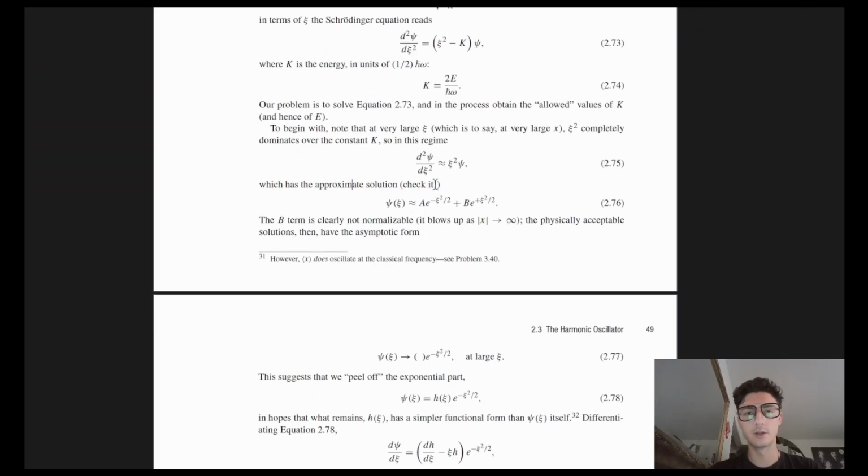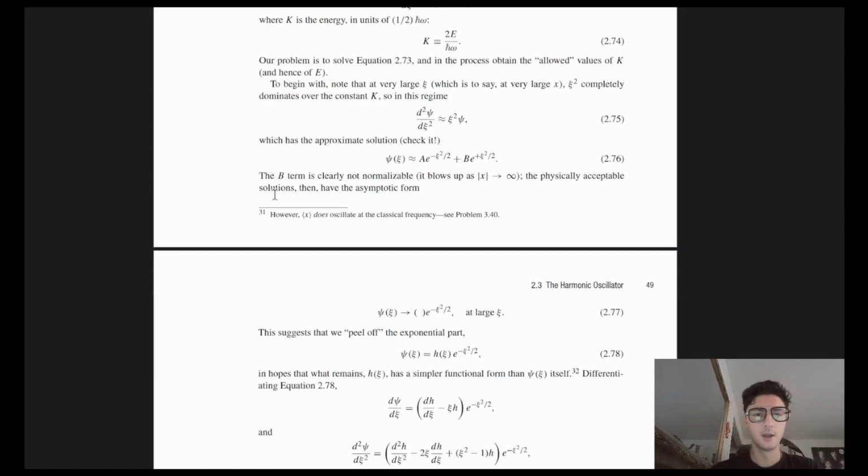Check it. Plug this into this equation, see if this is accurate. This differential equation spits out solutions that are these, and they also have the approximate sign here because we're approximating. The B term is clearly not normalizable. It blows up as x goes to infinity. As xi goes to infinity, e to the power of xi squared over 2 goes to infinity as well.